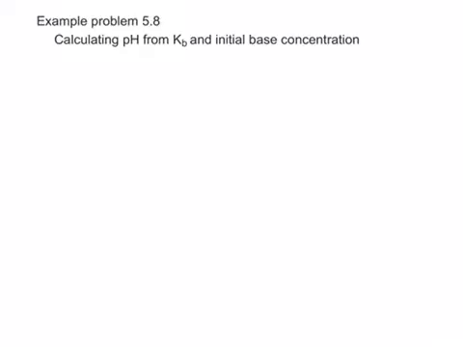So when you're reading through this problem, you notice that they give you a value of Kb. And this is a huge clue that this is going to be a problem that involves a weak base. Let's go ahead and write out our important equations here: methylamine and water.